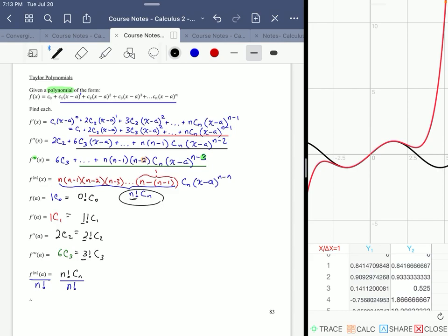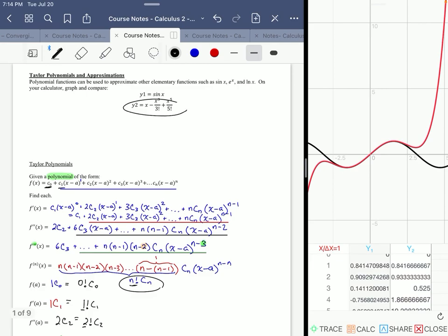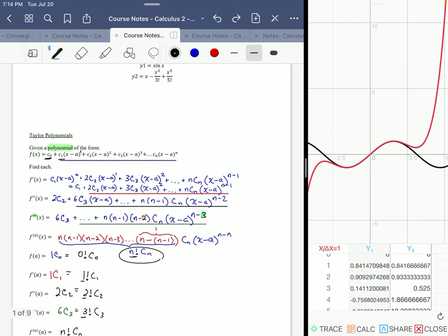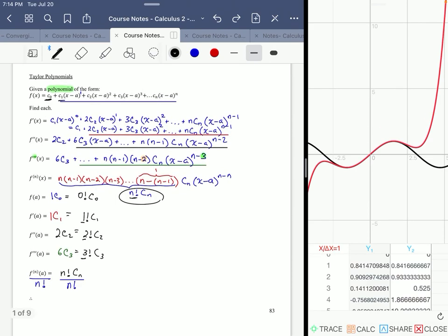Again, we'd have to know what the a values were. That would have to be either given to us or an assumption that we would make. A for assumption if you want. The x's are going to be built into the polynomial. In order to make this polynomial equivalent to the transcendental, we would need to know what the coefficients were. All right, so now we have a way of coming up with that.